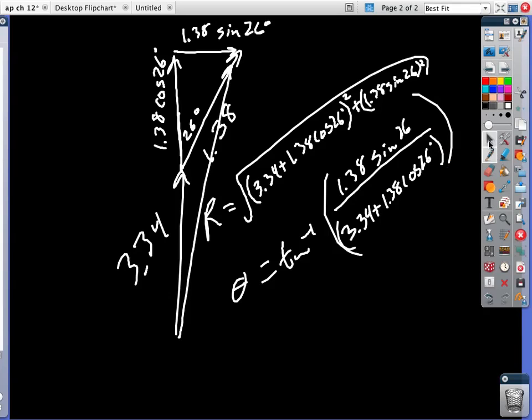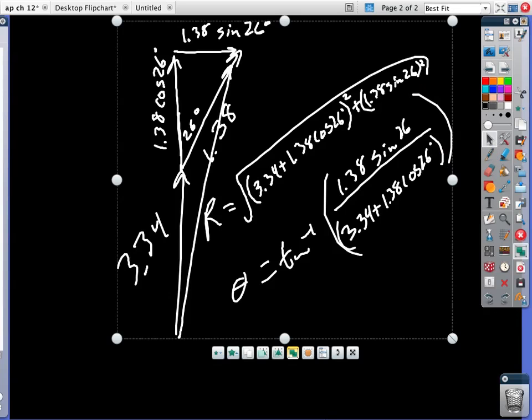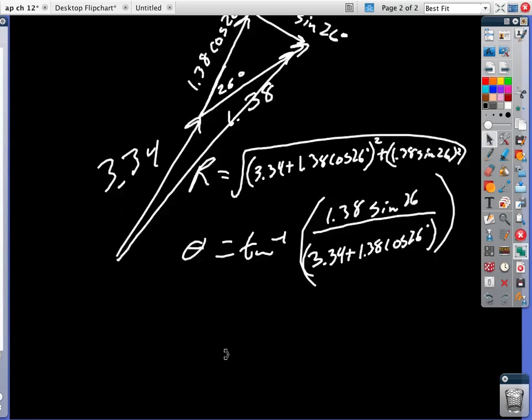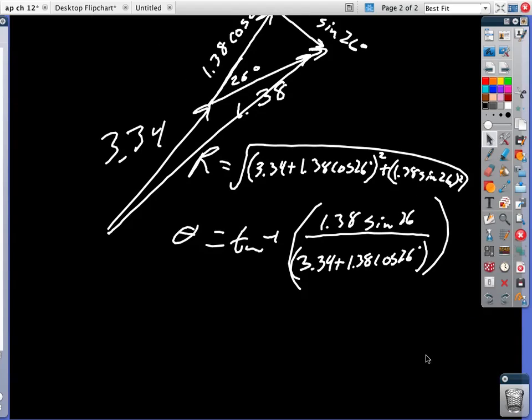And I don't know why I did that at an angle. So what is the bottom part? It's the inverse tangent of the x over the y. Yeah, it's 1.38 sine 26 over 3.34 plus 1.38 cosine 26. That is fine.